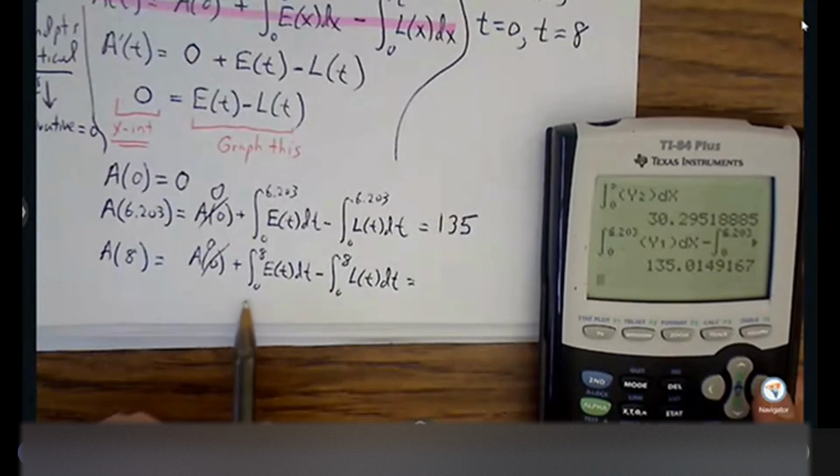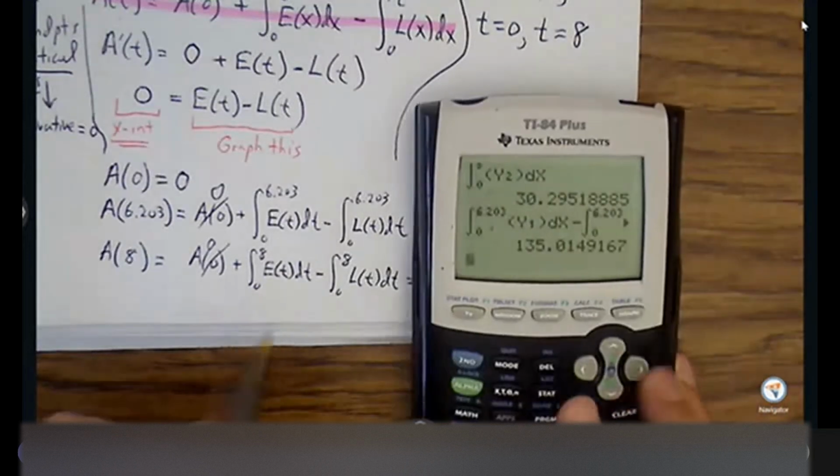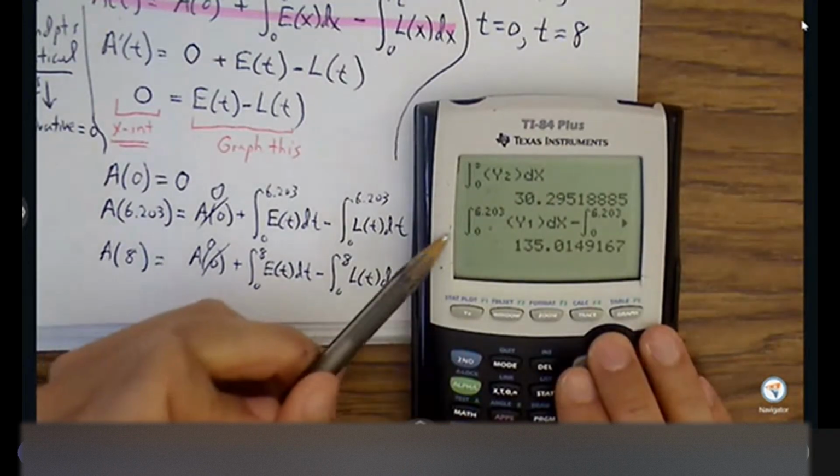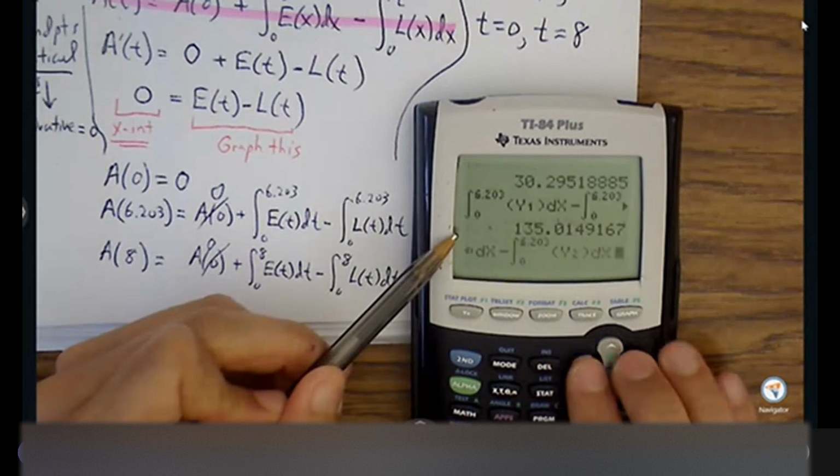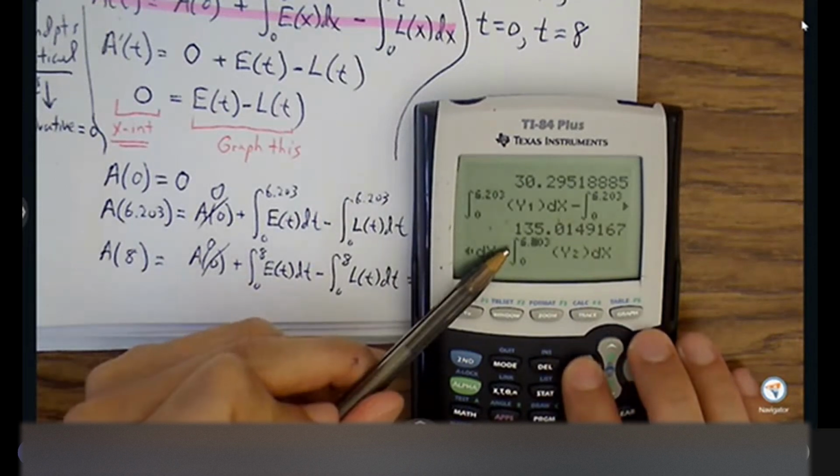Okay, so now we can test how many fish at the 8th hour. So I'm just going to go back to my previous entry and just update my upper bound to 8.